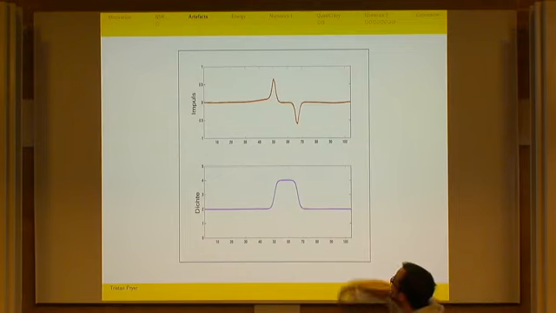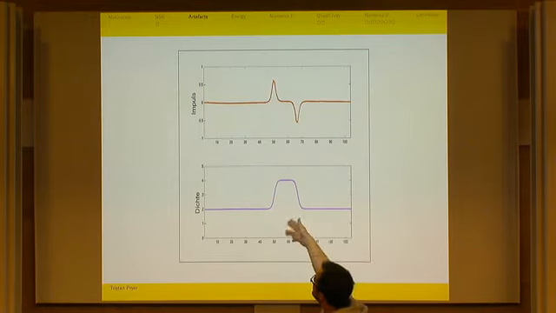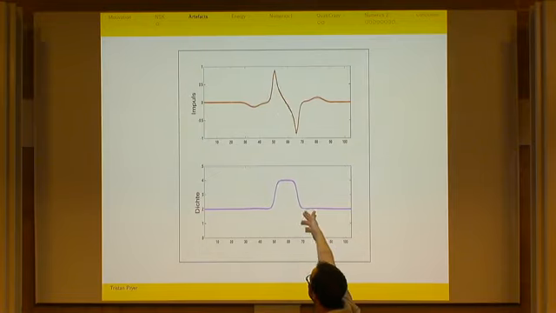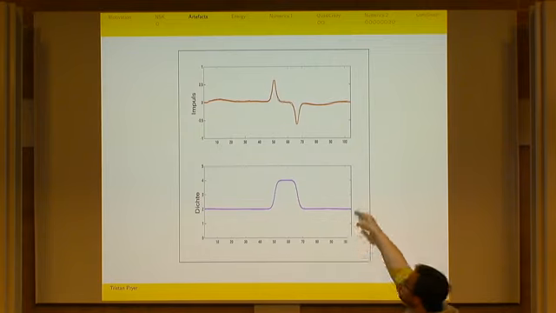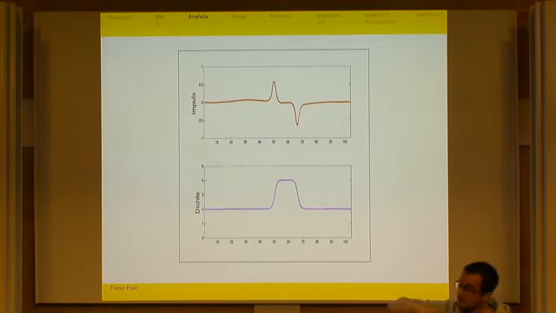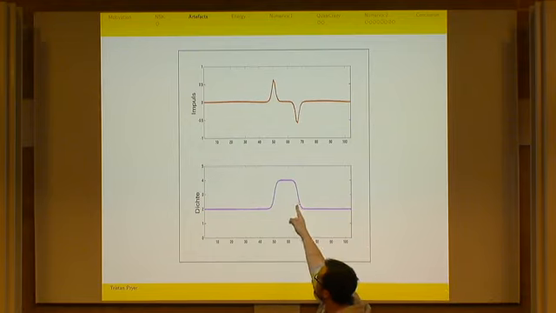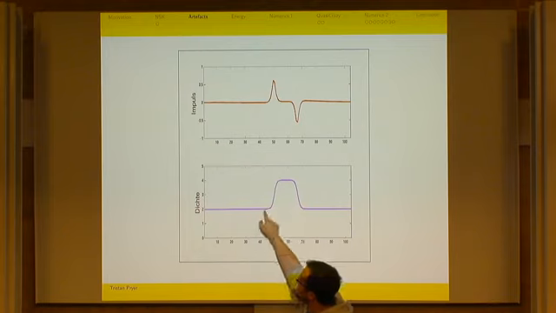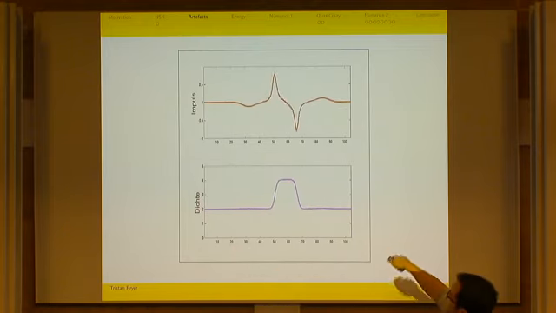What you're looking at here is the density and this is the velocity. You start with a step function for the density and the velocity starts at 0. What the system wants to do is develop this diffuse interface between two phases, this being one phase and this being the other phase.